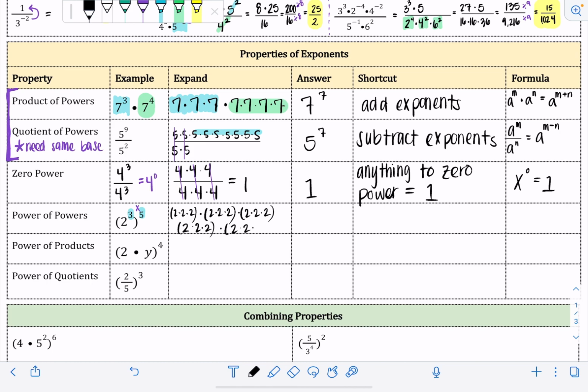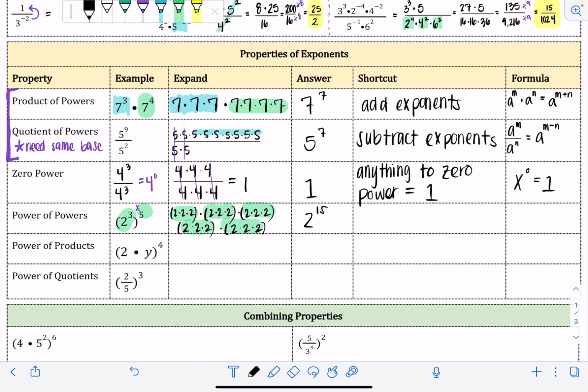So I took, let me erase some of this clutter, I took my 2 to the third power and I multiplied it 5 times by itself. So 1, 2, 3, 4, 5. And then we can count how many 2's we have now. We should have 15, so it becomes 2 to the 15th power.